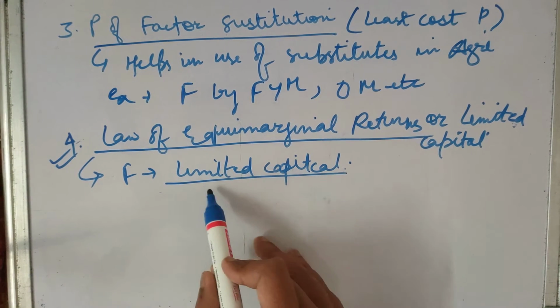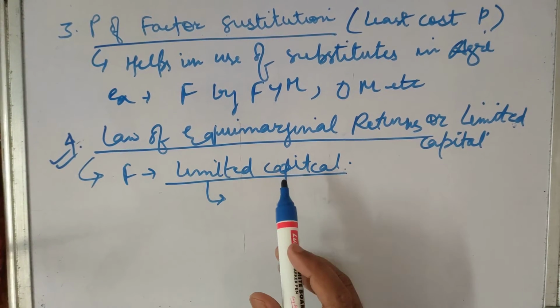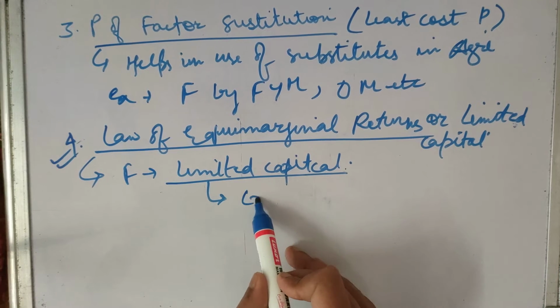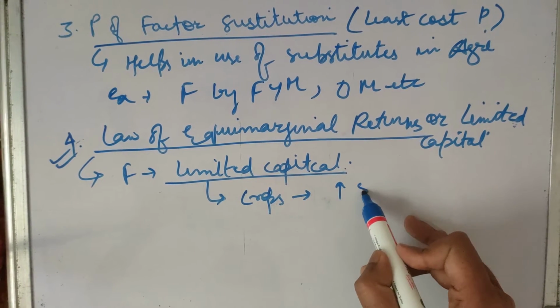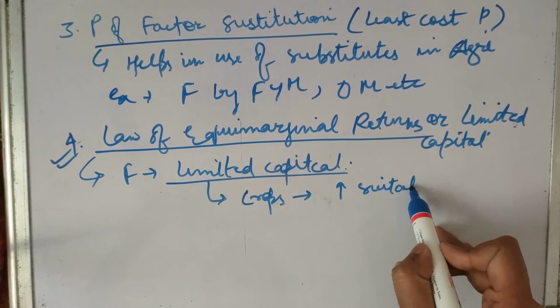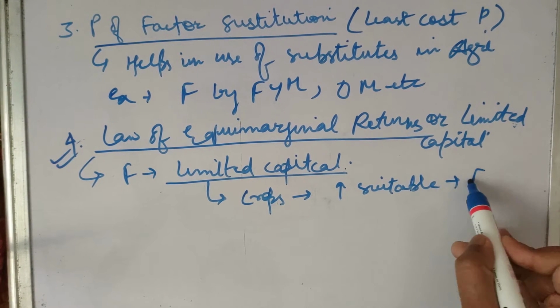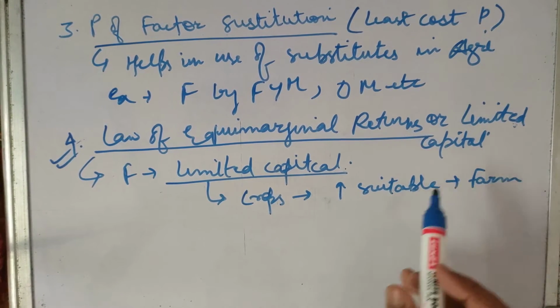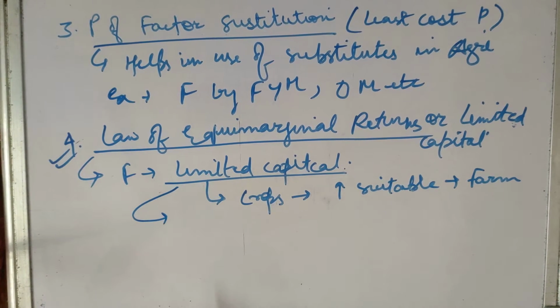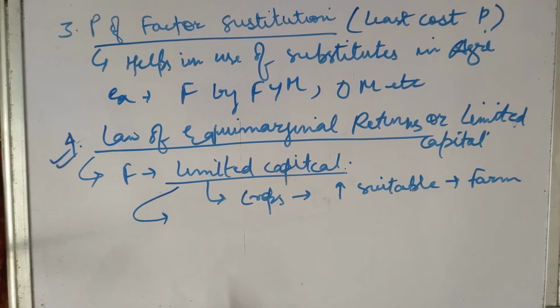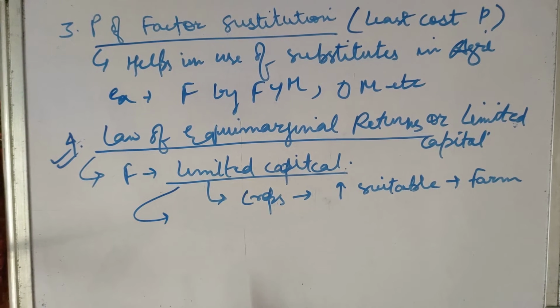And this limited capital he needs to use for the cultivation of crops that are highly feasible or highly suitable for his farm. The farmer has to make a choice of crops to be cultivated and allied enterprises to be undertaken, and also the area under selected crops and enterprises, such that it would maximize the net revenue.